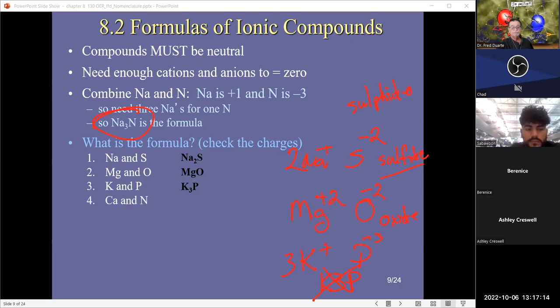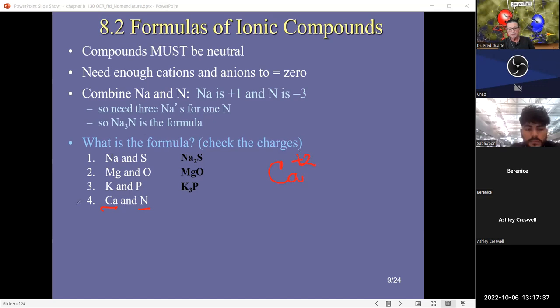Next one, a little bit challenging. We can work it through here. Step number 1 is we break both of these elements into ions. Calcium is a group 2A element, so therefore the ion is a +2.